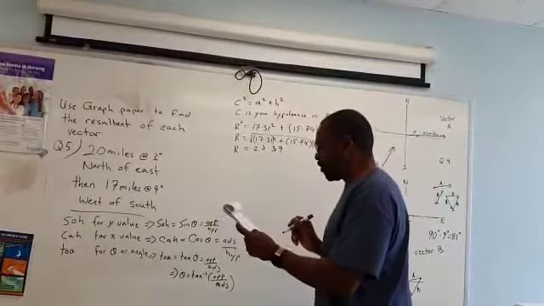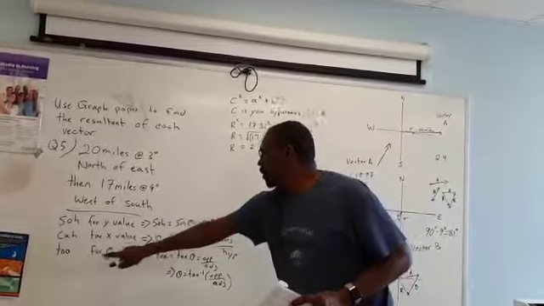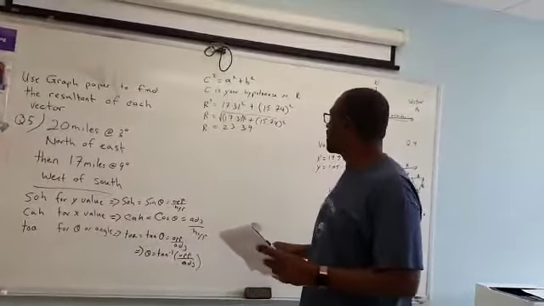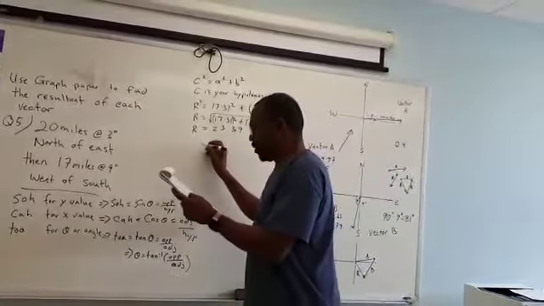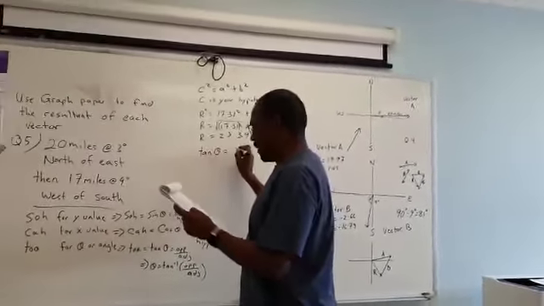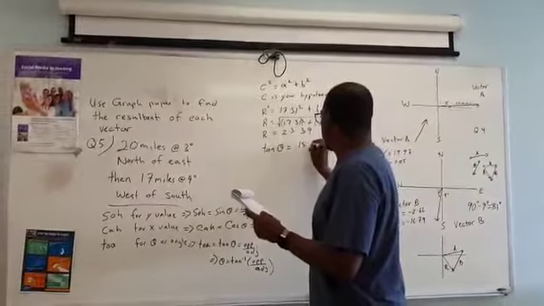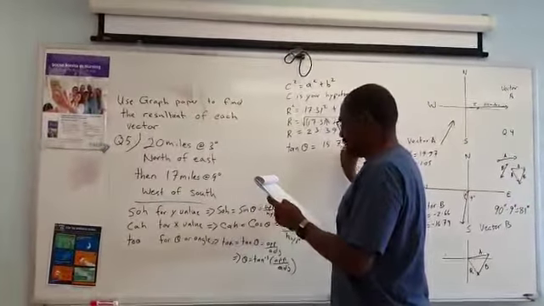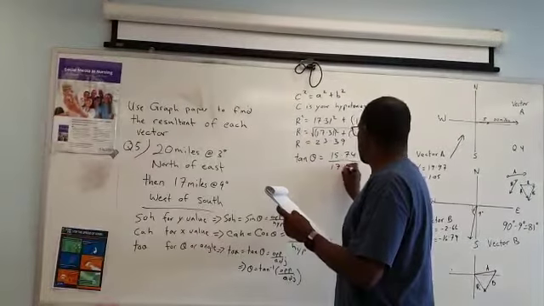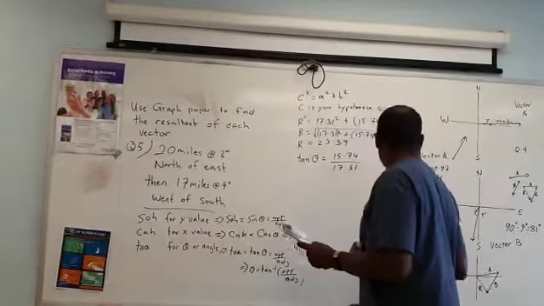Now to find the angle, we use tangent, right? So tan theta is opposite over adjacent. So tan theta is equal to 15.74 over 17.31.